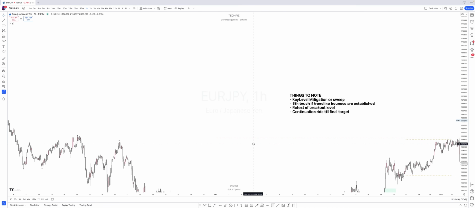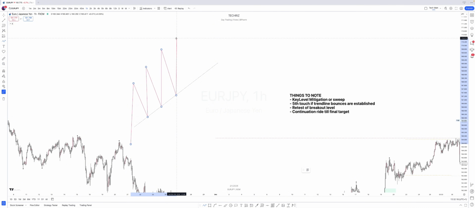Now psychological levels can be in the form of support and resistance, and can be in the form of trend lines. So let's say we have a trend line, and price continually bounces off of this trend line, continually bounces off of this trend line, and all of a sudden we have a break.